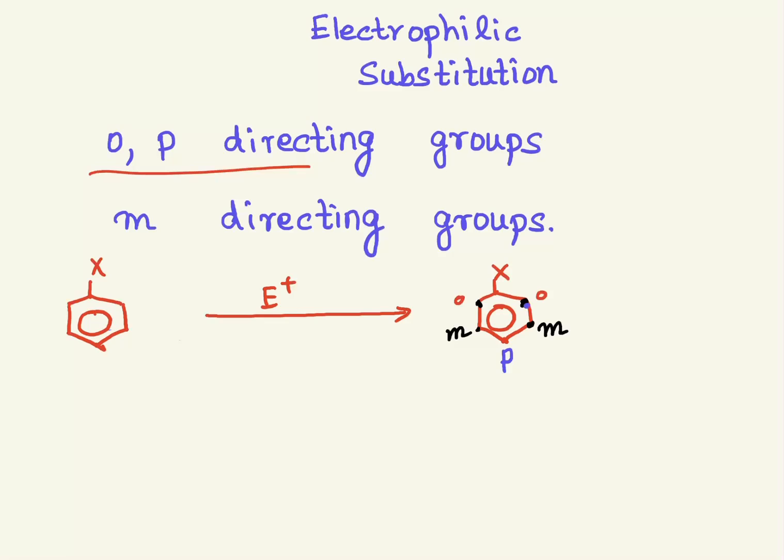So, we've got the ortho, the meta and the para. So, there are 2 ortho positions, 2 meta positions and 1 para position with respect to the halogen already present in the benzene ring. Halogen atoms are ortho-para directing groups.